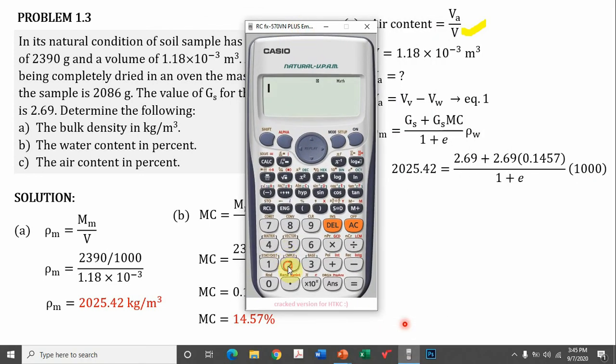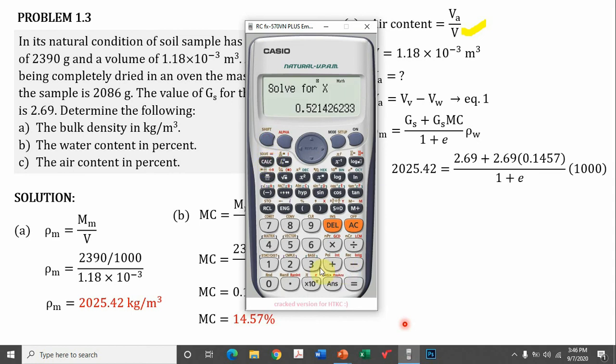So, 2025.42 is equal to 2.69 plus 2.69 times 0.1457 over 1 plus E, times 1,000.